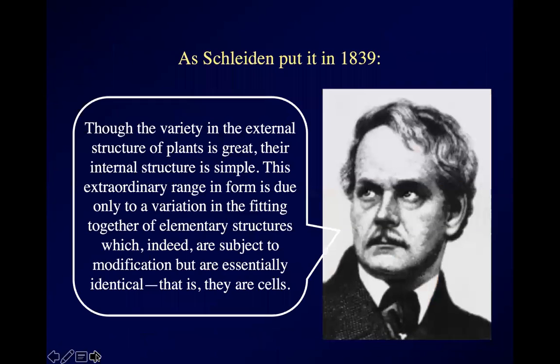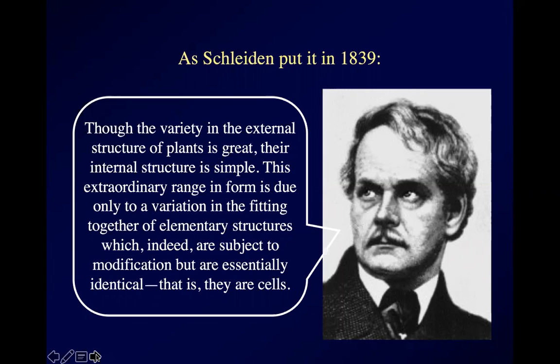And as Schleiden put it, though the variety in the external structure of plants is great, their internal structure is simple. This extraordinary range in form is due only to a variation in the fitting together of elementary structures which are subject to modification but are essentially identical.